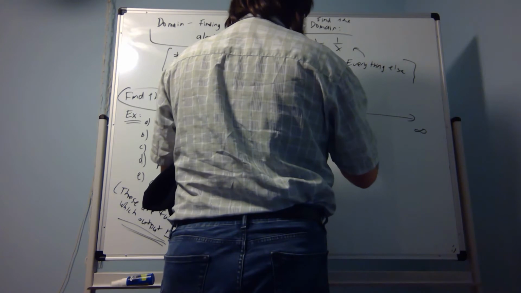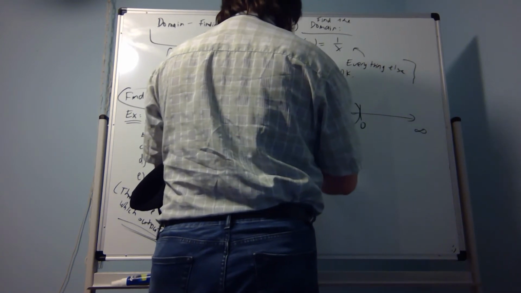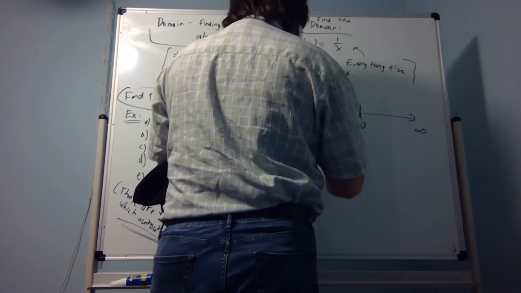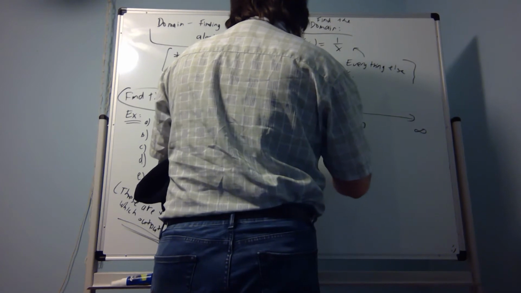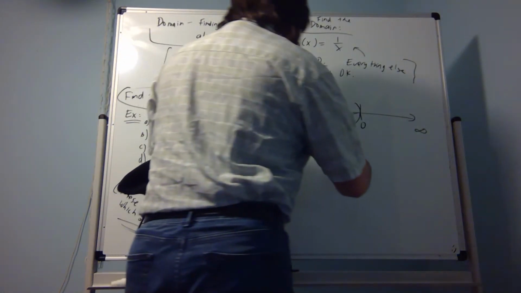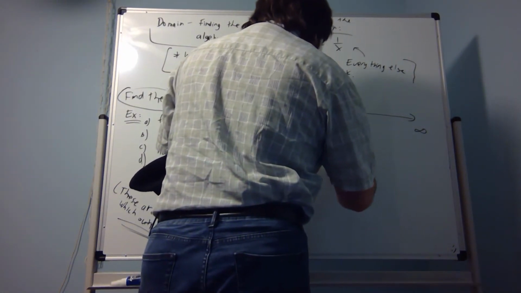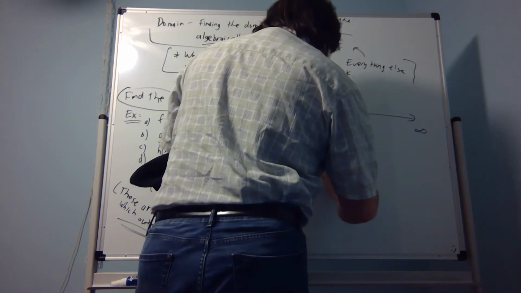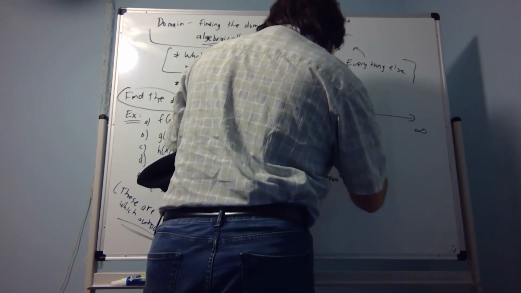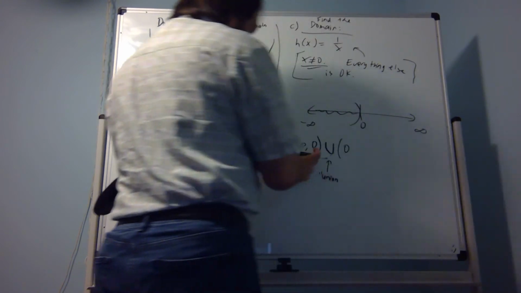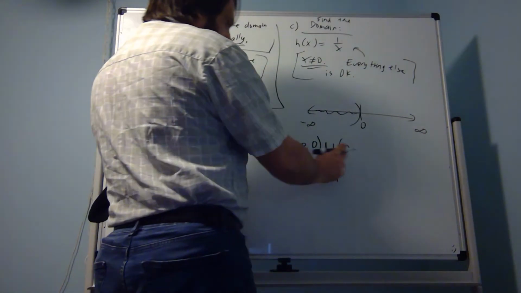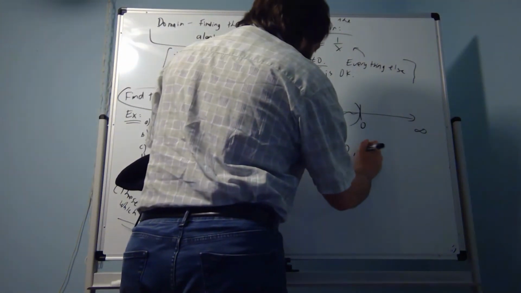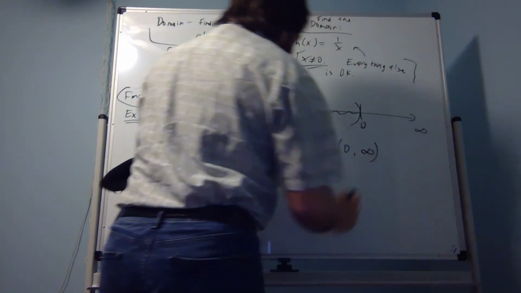We have this abstract idea of minus infinity. Anything bigger than minus infinity is okay, but we're not allowed to be 0, and this thing is called union. We include everything to the left of 0, and then we also include everything to the right of 0.